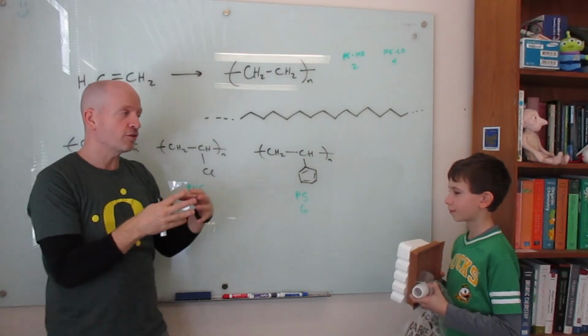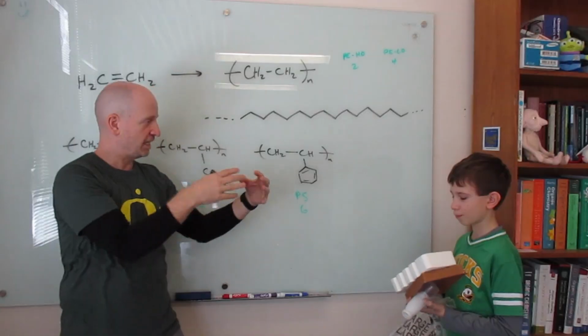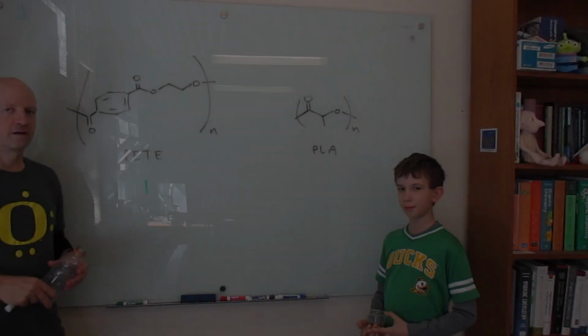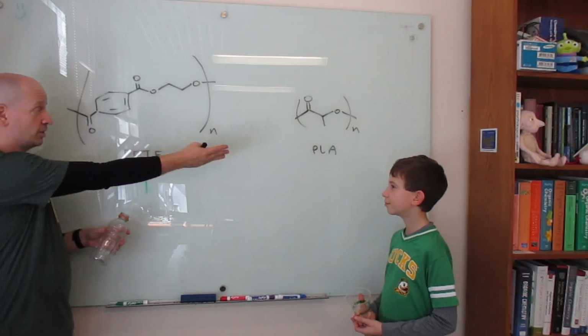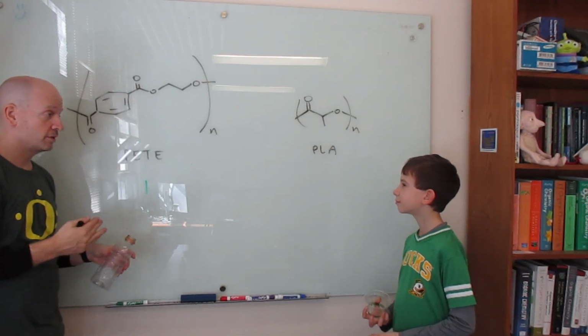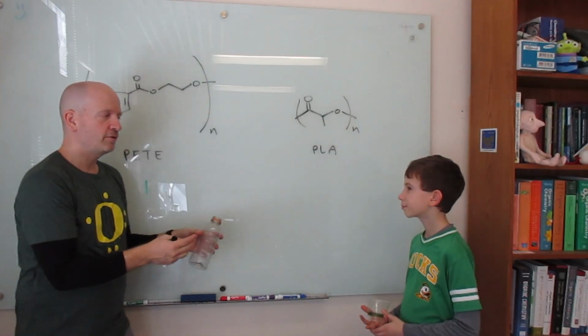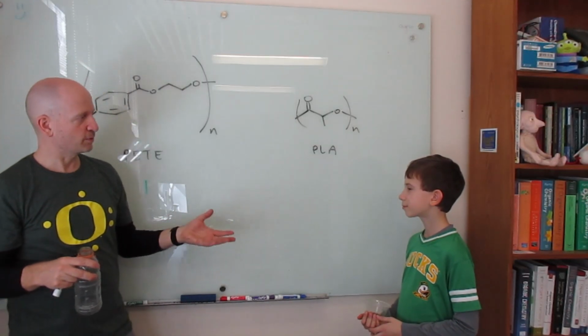It's possible to have other polymers where you have other atoms in the chain. There are some polymers that have atoms other than carbon in the backbone, like the 2 on the board here. They have oxygen in the backbone. And having oxygen in the backbone makes it easier for them to be recycled.